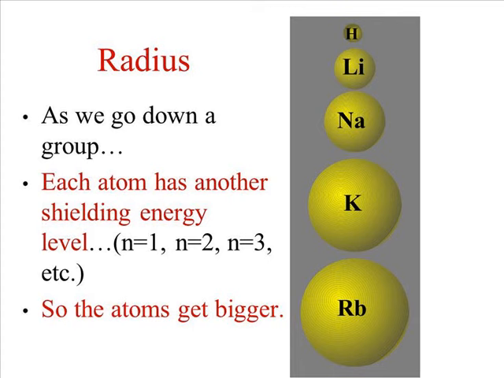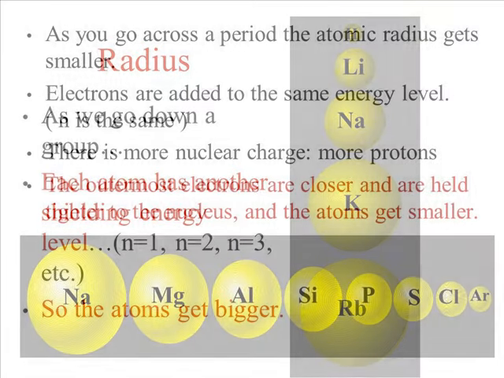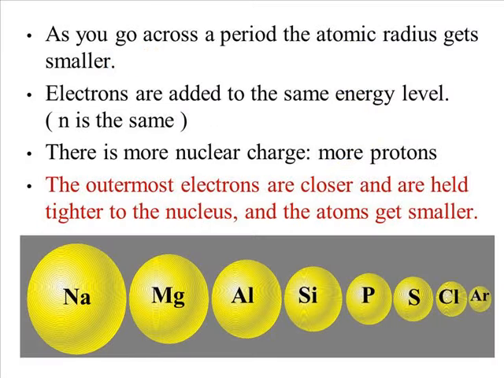And you get shielding as well. Going across, you really want to focus on the increase in nuclear charge for all of these trends. Coulomb's law, Coulomb's law, Coulomb's law. Again, opposite charges attract. The further away they are, the weaker the attraction. So anytime you can relate to Coulomb's law to discuss these, you're in good shape.